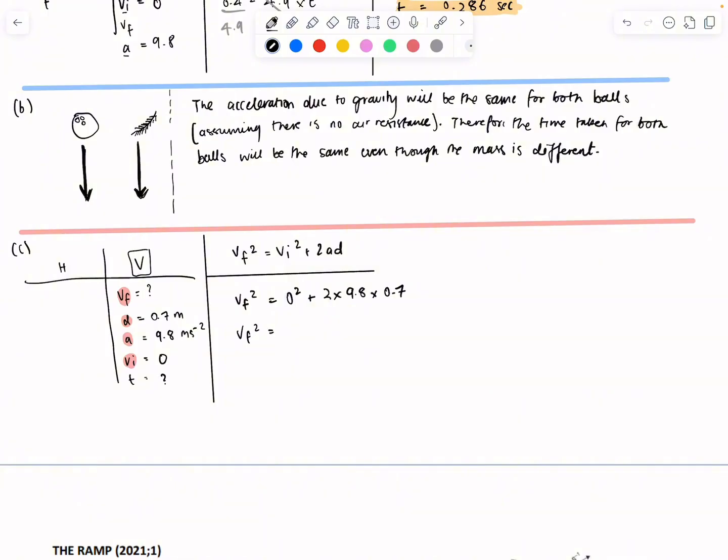If we simplify this part over here, we get 13.72. So that is the final velocity squared, but we don't want the squared answer, we want the unsquared answer. So to unsquare, I'm going to take the square root of both sides. So we're left with Vf equals 3.70 meters per second. Okay, so that is the final vertical velocity of this ball.